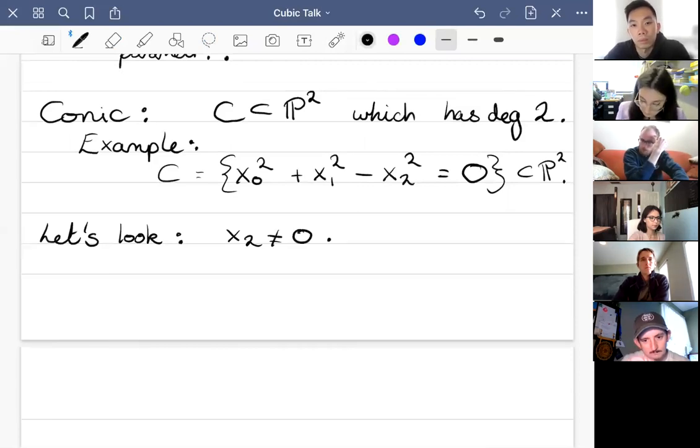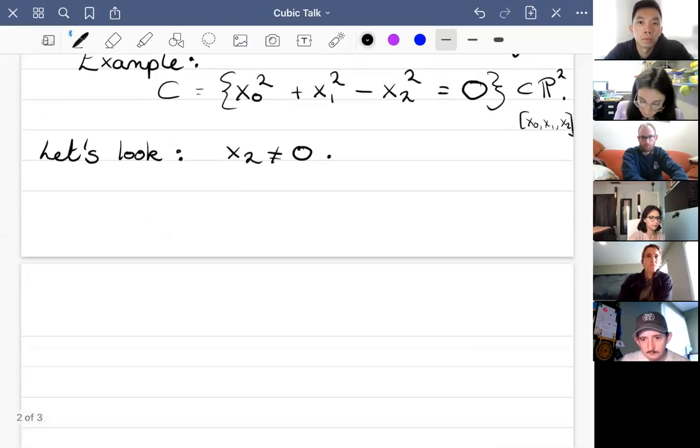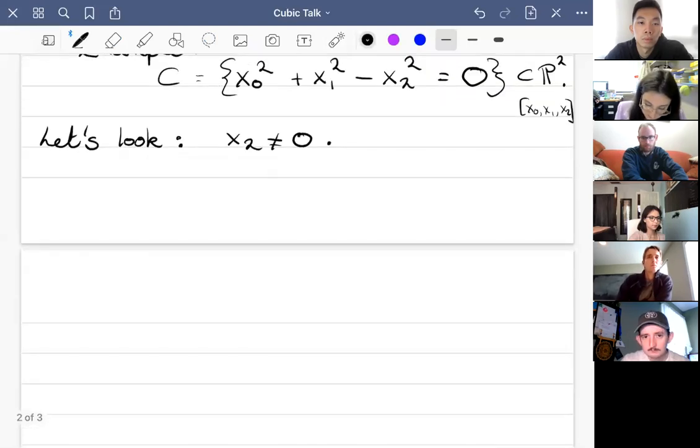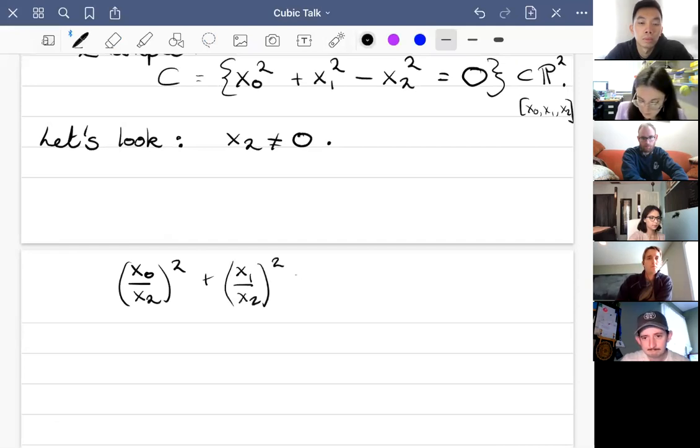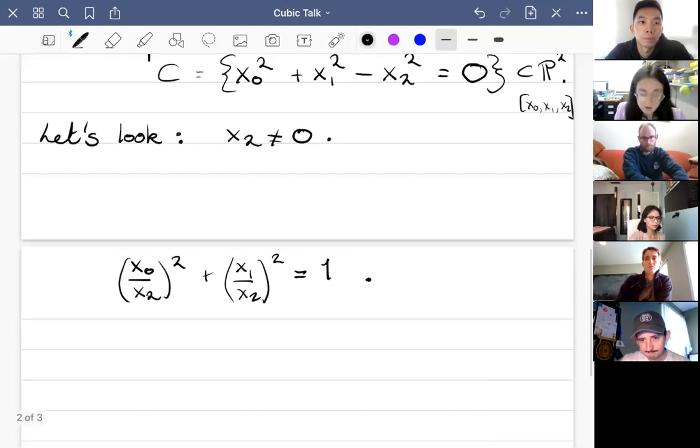Remember P2 has coordinates x0, x1, x2, and not all three coordinates can be 0. In this case, I can divide everything. So my equation becomes (x0 over x2) squared plus (x1 over x2) squared minus 1, and moving that to the other side, equals 1. And so we just have the equation of a circle in this affine chart.